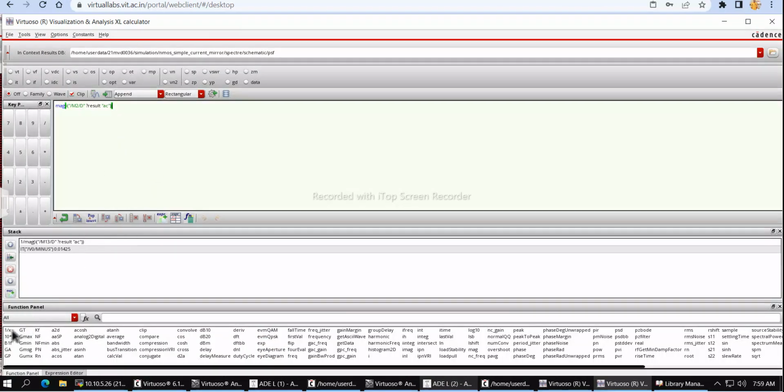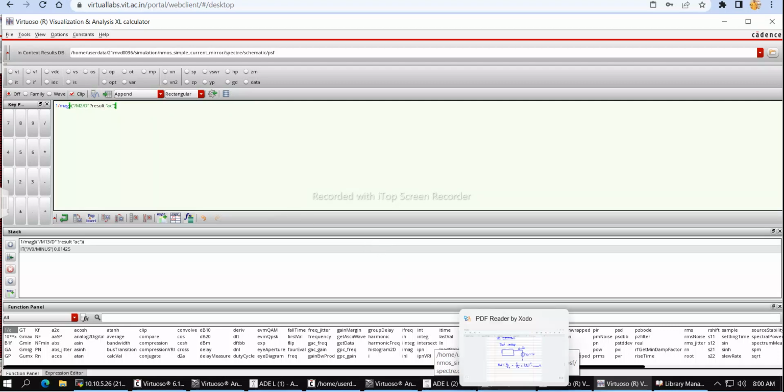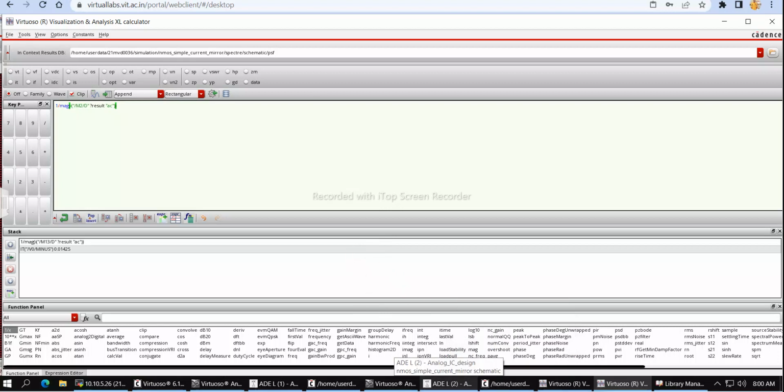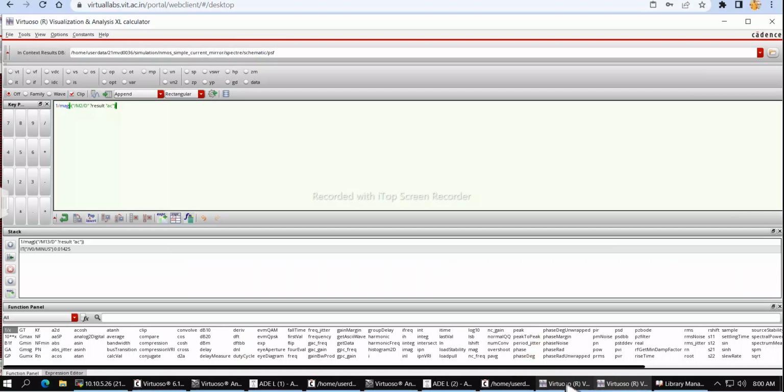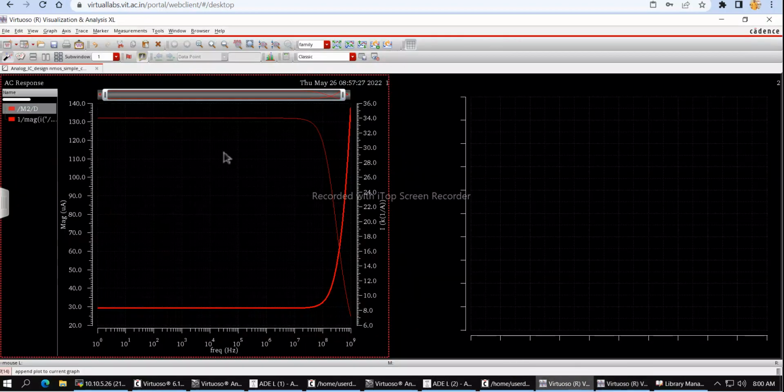In it there is a function called 1 by x, which computes the reciprocal of that function, and there is an evaluate symbol, and it will plot. So this is the reciprocal of that waveform.